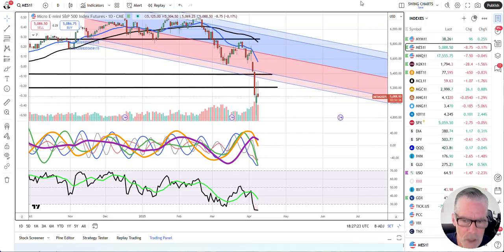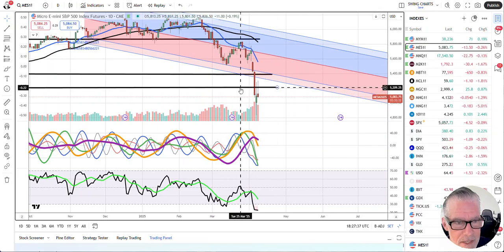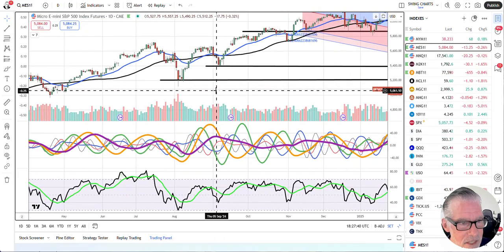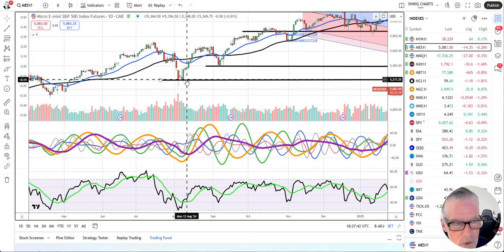So once you get below, this is a standard technical analysis reading. Once you get below what used to be support, it becomes resistance. And that's what we're seeing yesterday and today. So 5,200. Right here, that black line, you can see how significant it was. It caught several dips back in August of last year and provided a floor that propelled price quite a bit higher.